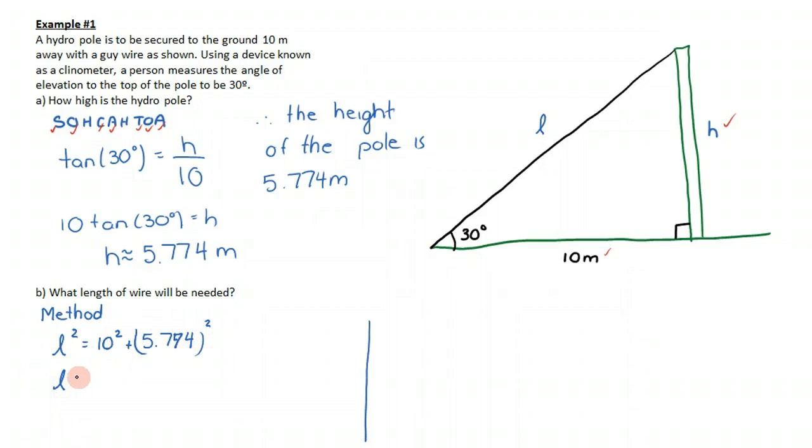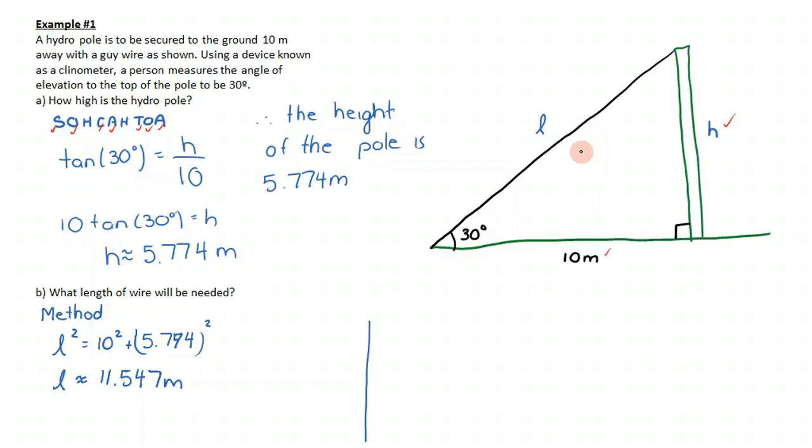So L is approximately equal to 11.547 meters. And I feel pretty good about that because it is the largest side and it is opposite of the 90-degree angle, meaning it's the hypotenuse.